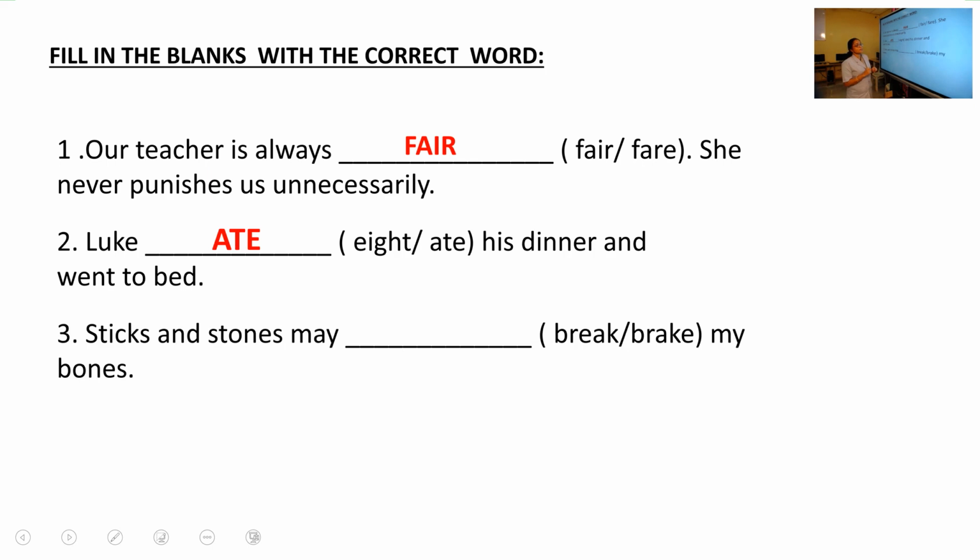Now look at your third question. Sticks and stones may dash my bones. In bracket you have the word break. Here the spellings are different, the meanings are different, but the pronunciation is the same. B-R-E-A-K, B-R-A-K-E. B-R-A-K-E is the brake that you apply, or your parents apply when they drive the car, isn't it?